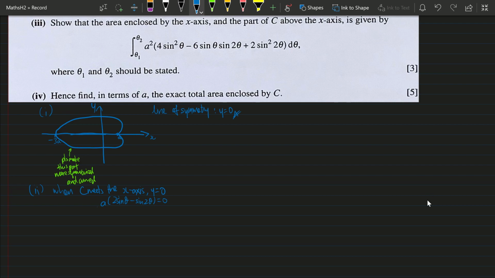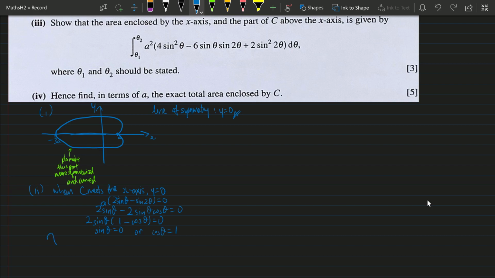So what do we have here? I'm going to have 2 sine theta minus 2 sine theta cos theta equals 0. Factorize this: 2 sine theta, 1 minus cos theta equals 0. So sine theta equals 0 or cos theta equals 1.